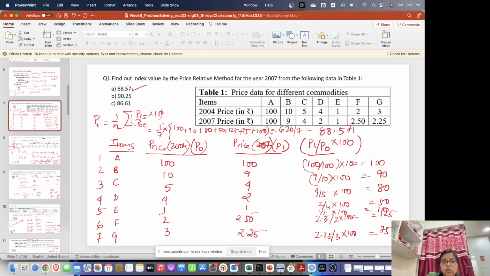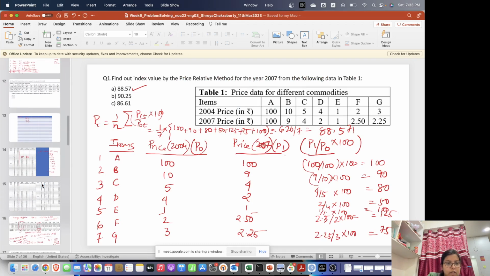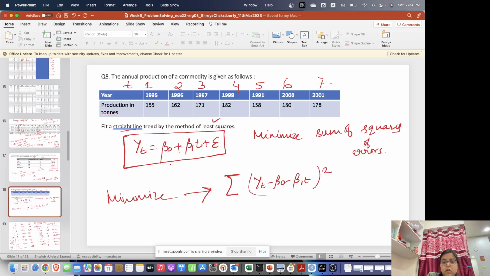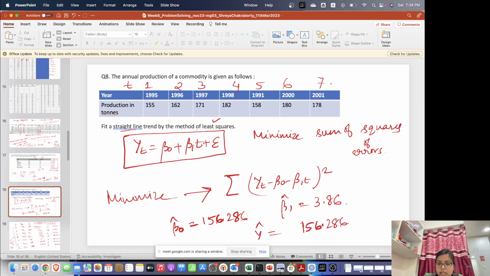So then if I go here, we were asked to fit a trend line. So this was the original question. So now my beta naught hat is 156.286, beta 1 hat is 3.286. So the predicted trend line that could fit this curve would be 156.286 plus 3.286t.